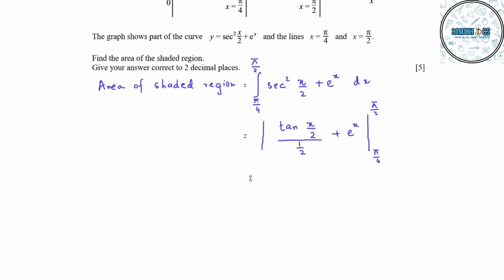We can write it as 2 tan x upon 2 plus e power x.